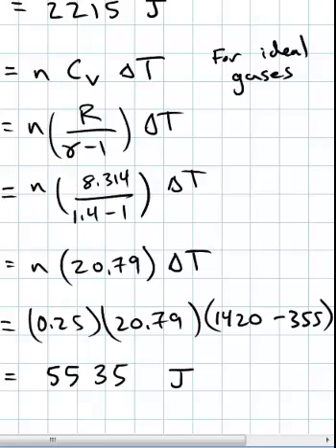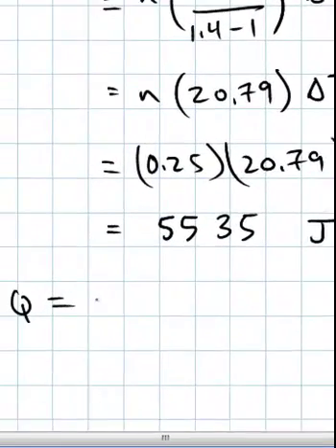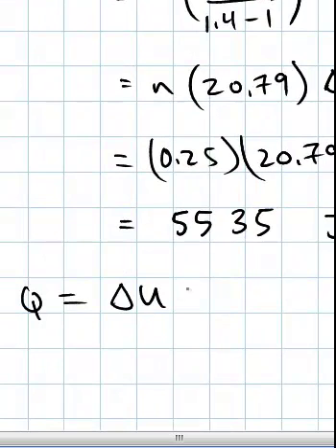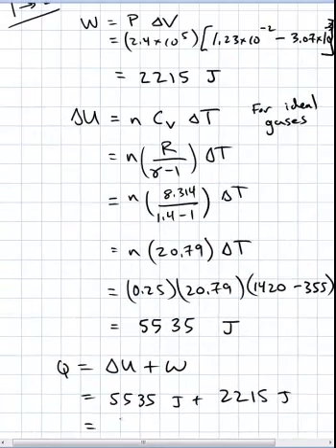So our gas gains some internal energy, and our Q now is delta U plus W, 5,535 plus 2,215, 7,750 joules.